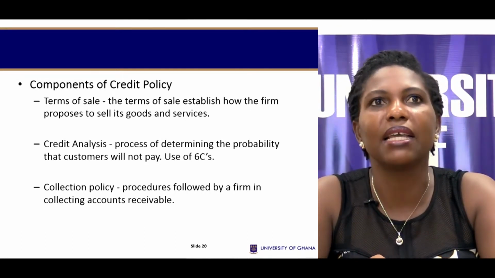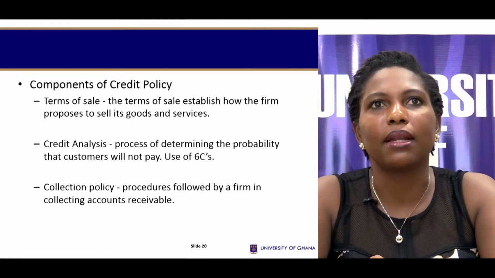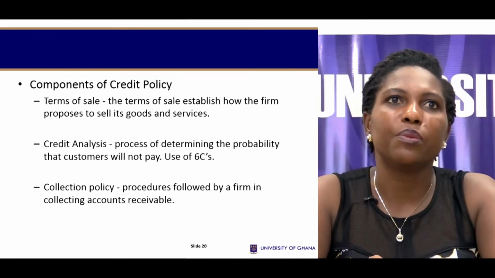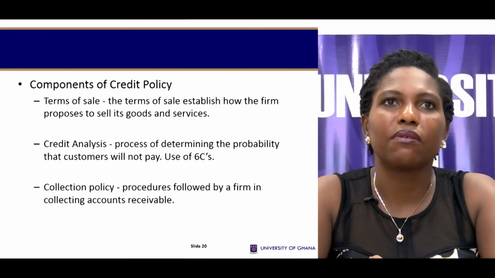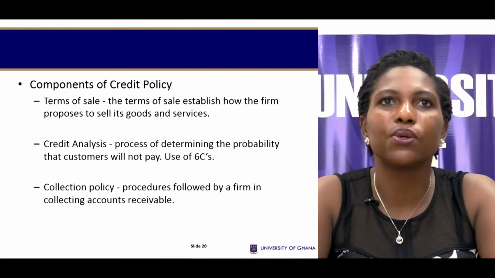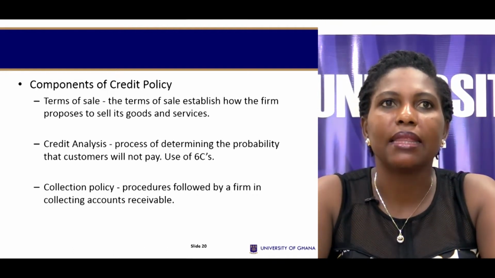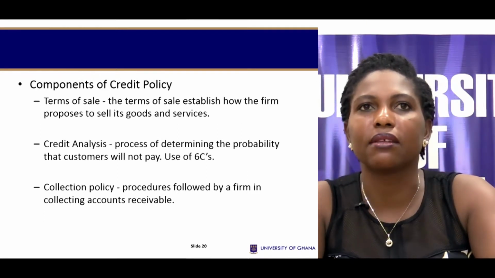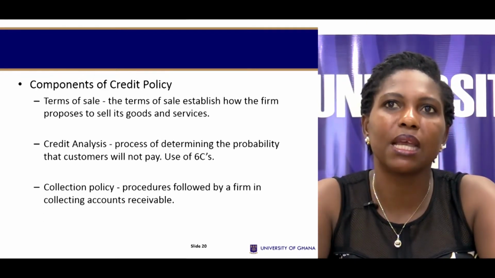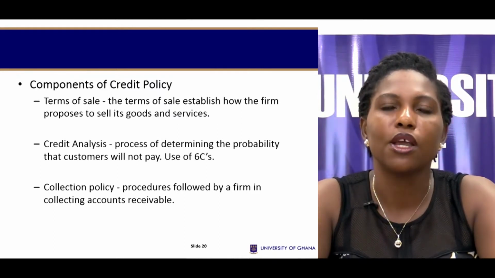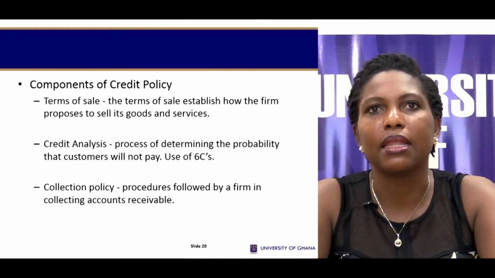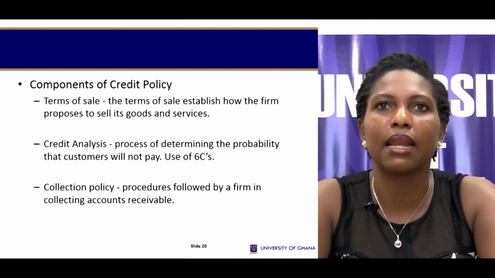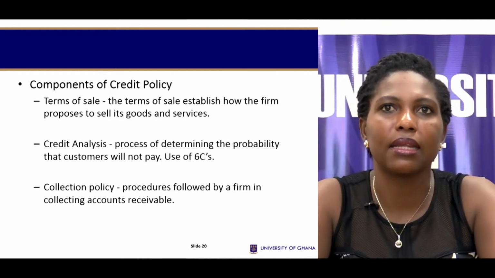Now, this defines exactly, one, the terms of sale that would be given in terms of how it plans to sell its goods and services, and then to be able to determine who qualifies for credit in the first place, there should be a process of determining the probability that the customers will or will not pay, and this can be done using the 6 C's and other credit risk analytics.